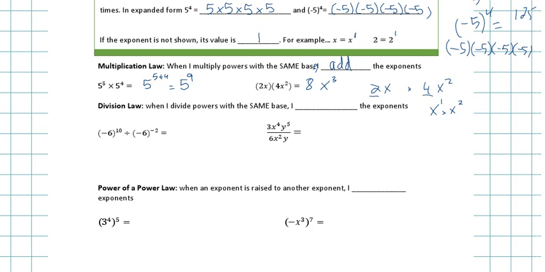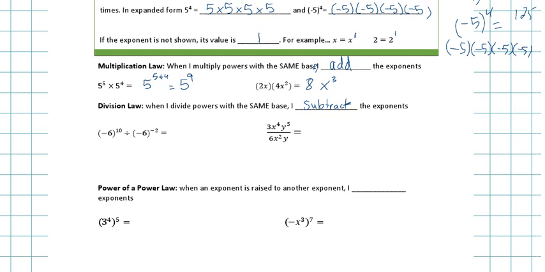Now, when I divide powers with the same base, I do what to the exponent? Minus. Subtract. Okay. So there is a reason for all of these, and if you remember from grade 11, we talked about this.